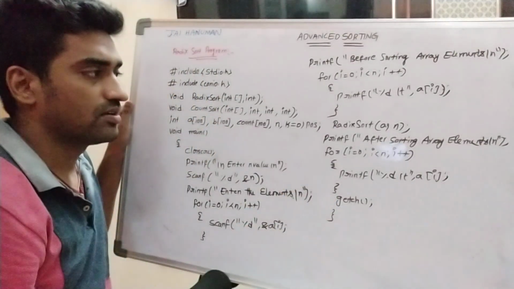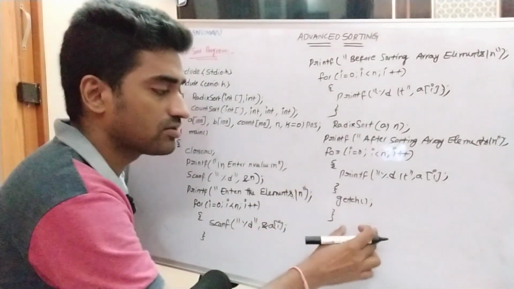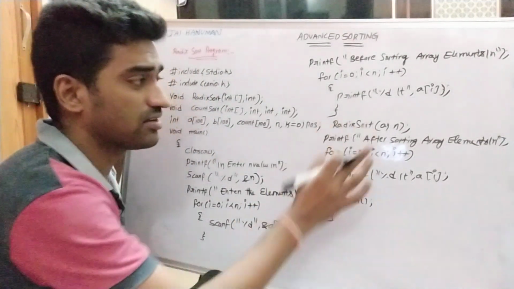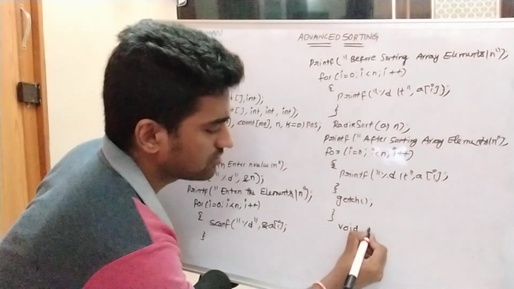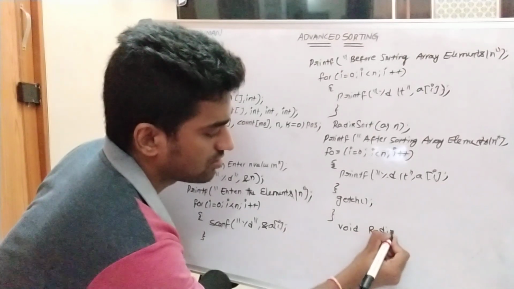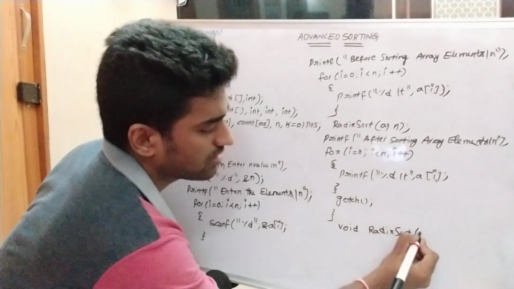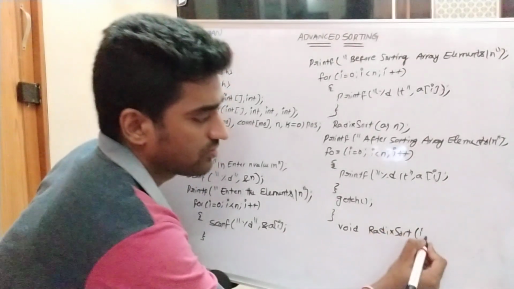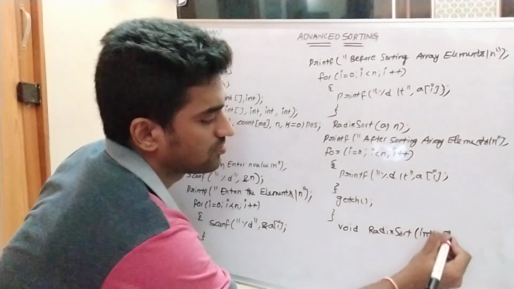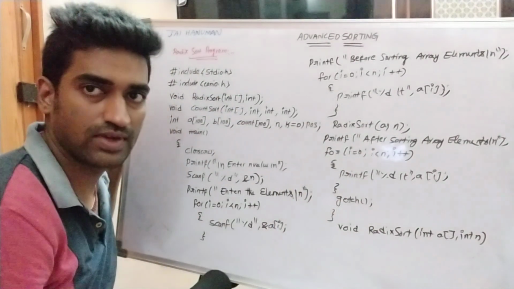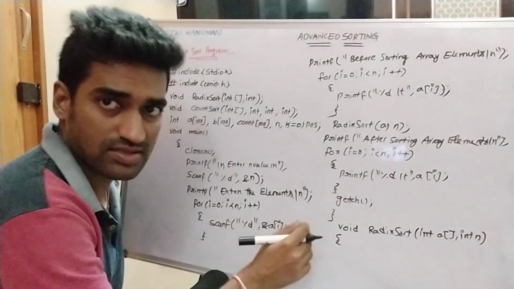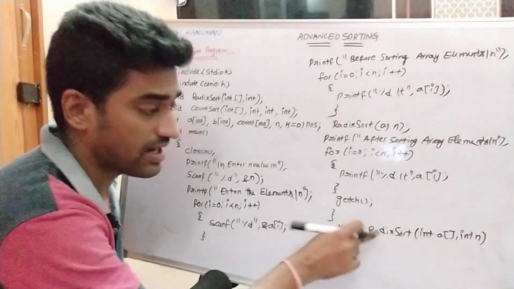Close brace. Right. So here I am writing the function definition for the radix sort mechanism. So here, void radix sort, we are calling the array with the n value. Based on positions, we can call the count sort in radix sort, right?